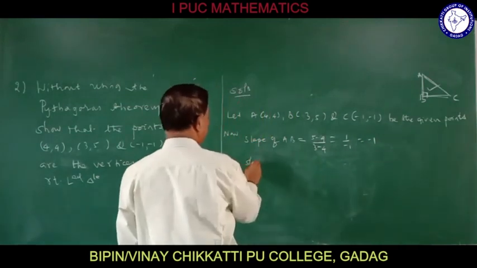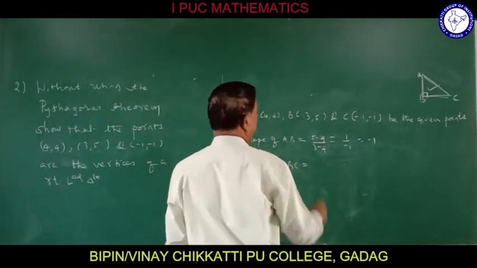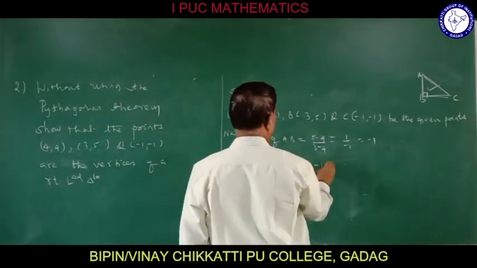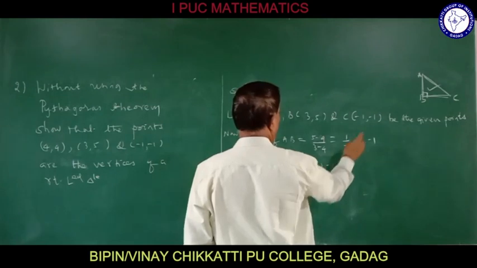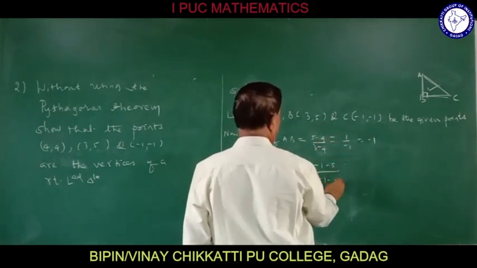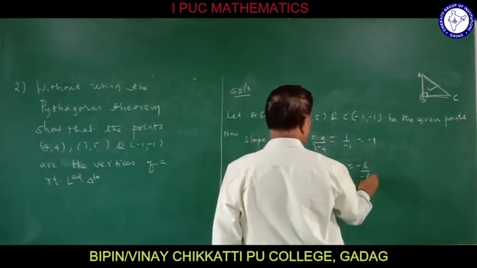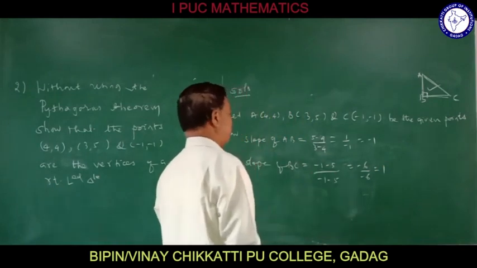Now you see that the slope of BC is equal to y2 minus y1, that is -1 minus 5 divided by -1 minus 5. This is -6, and here also -6. This comes to 1.